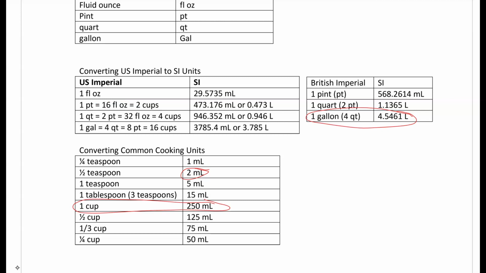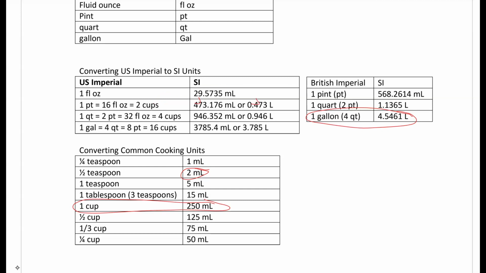It also means that 1 pint is equal to 473.176 milliliters, and 1 pint is equal to 0.473 liters. So 16 fluid ounces is equal to 473.176 milliliters, and it's also equal to this amount of liters. 2 cups is equal to this amount, and 2 cups is equal to this amount.